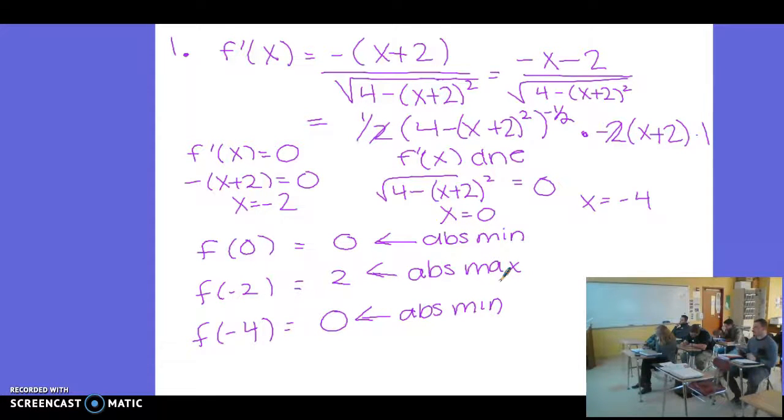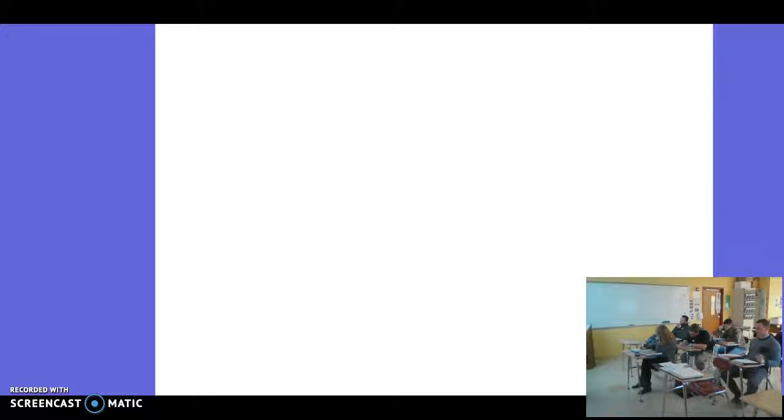So part B is the same derivative, which means it's the same zeros, but what changed is the interval. Right, so part B, it's from negative 4 to 0 this way. So now that negative 4 is excluded, the 0 is excluded, but what about having an open and closed interval together? What happens to my theorem?